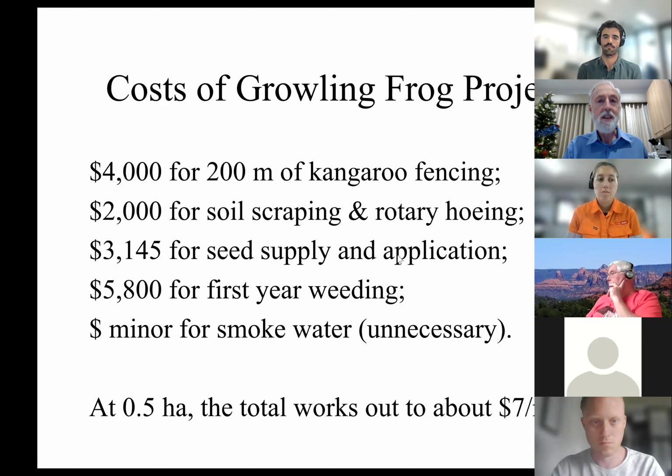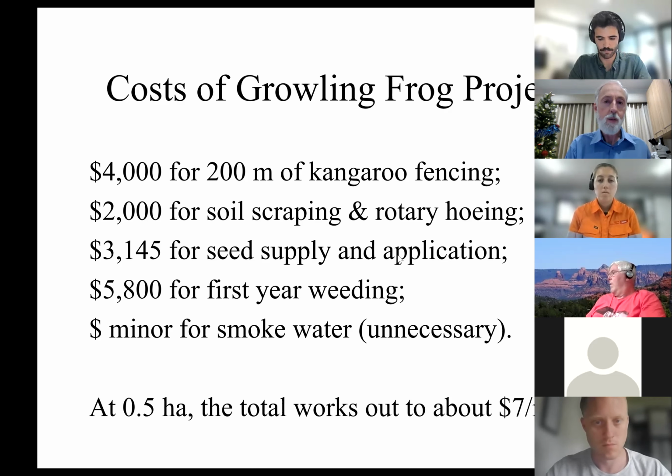So I'd say get it under control in maybe your first year, then do your scalping, the removal of the topsoil, then do some weed control, maybe a couple of sprays a couple of months apart, depending on the time of year, and then that should deal with the weed problem much better than waiting for 6 or 7 years and all that chemical use and so on. That would be my expectation.